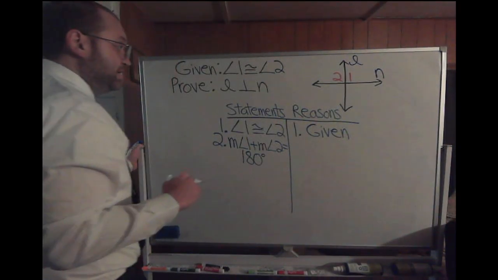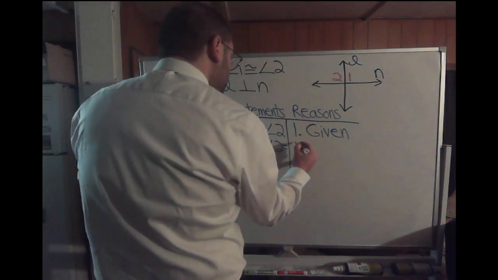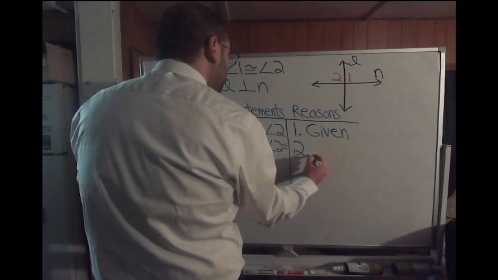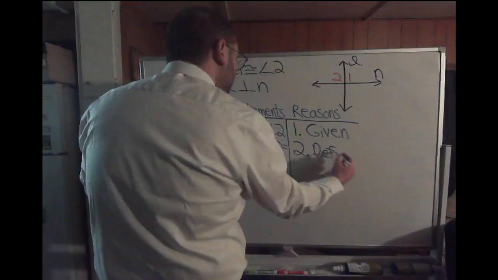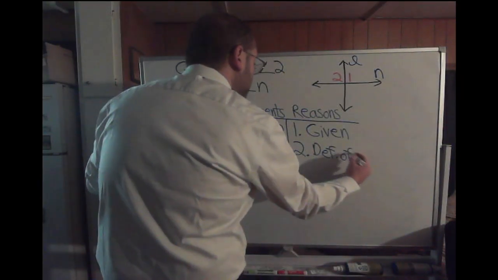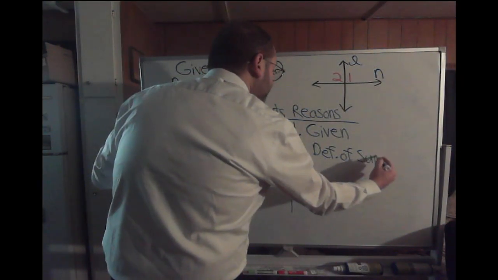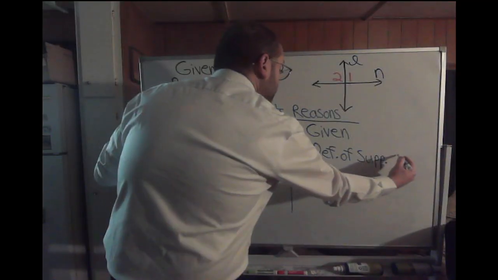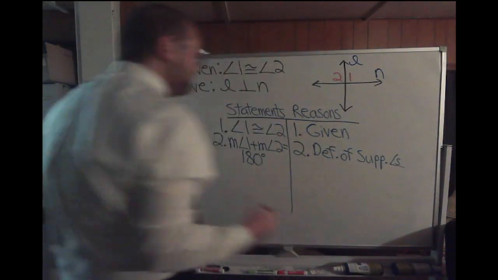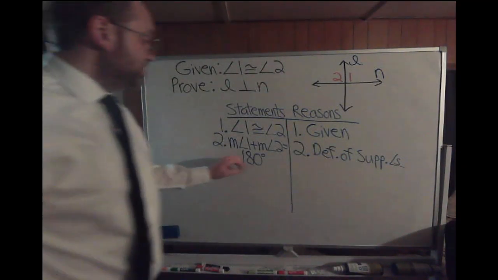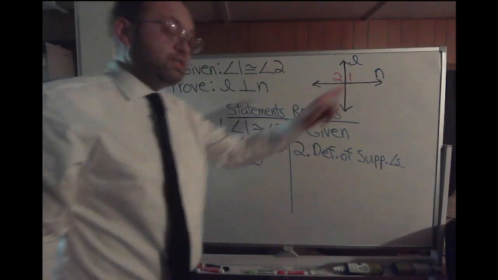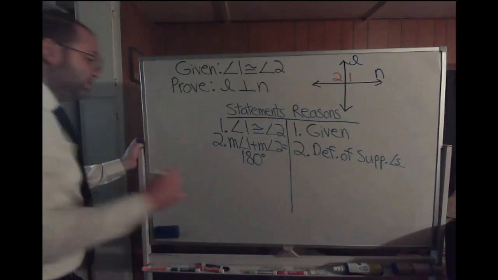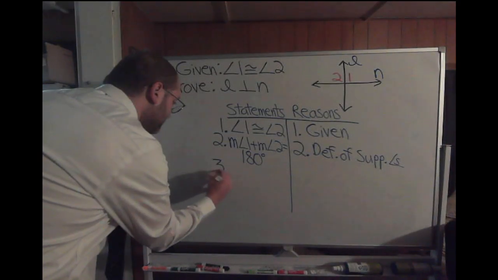That would be given by the definition of supplementary angles. So, by the definition of supplementary angles, the measure of angle 1 plus the measure of angle 2 equals 180 degrees, right? Now, here's where it starts to turn interesting.